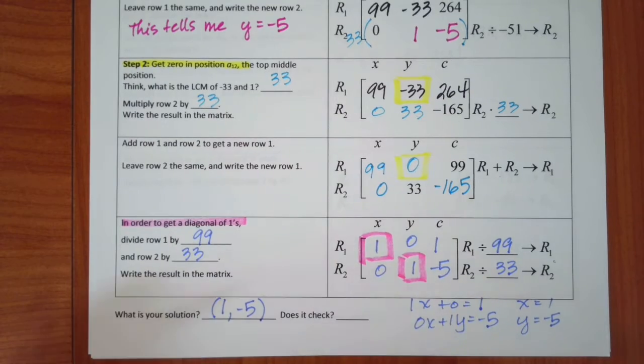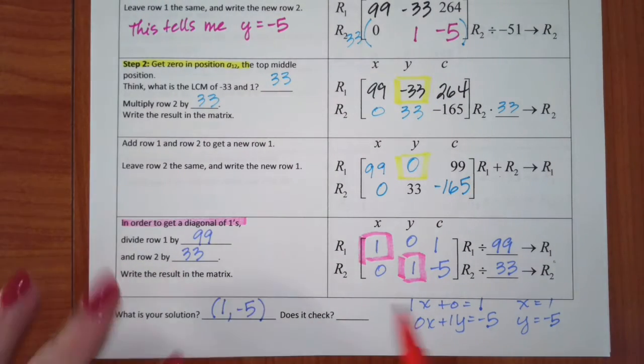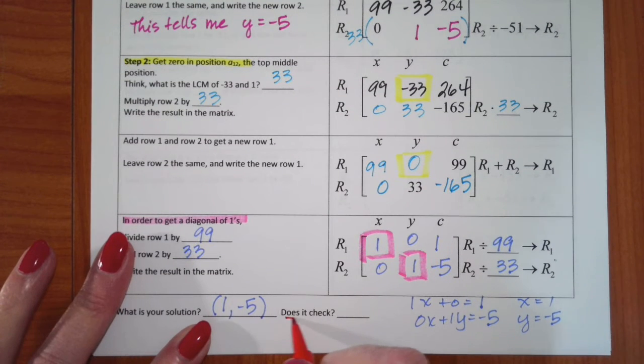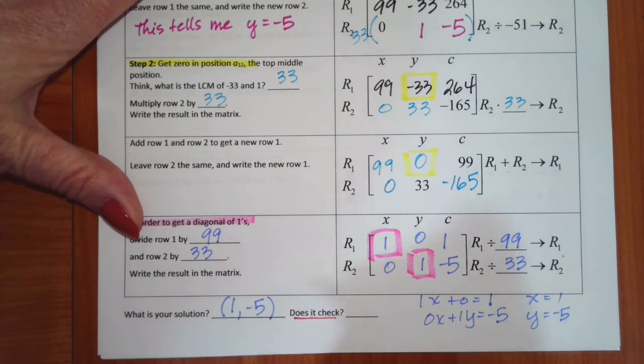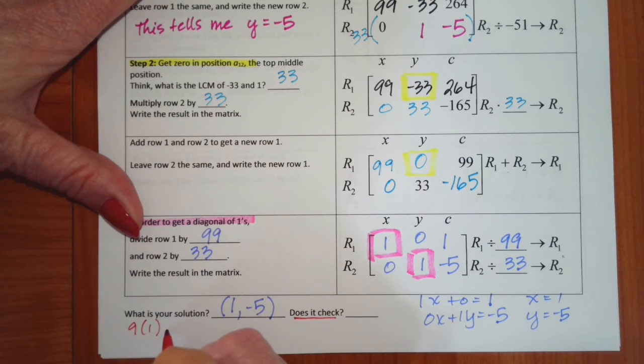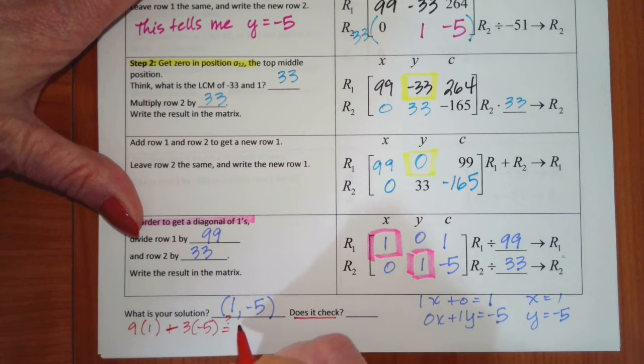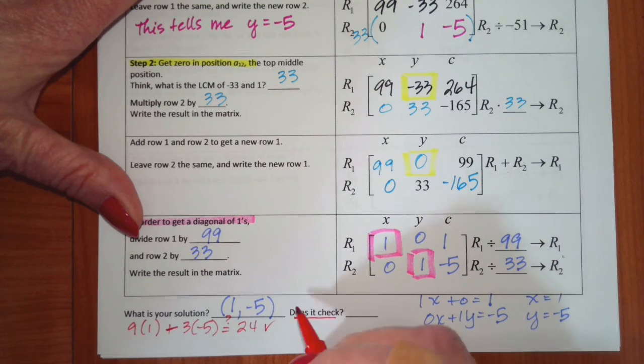Now, does it check? This is important. I can always check and see if I've done it right. That means I plug 1 and -5 into both equations. So for my check, does 9 times 1 minus 3 times -5 equal 24? 9 plus 15 is 24, so that one checks.